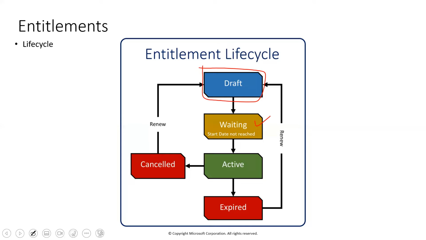Once the start date is achieved, let's suppose I say that on the 21st of November this needs to start working on a customer account. From the 21st of November, the customer can utilize these free cases, and my entitlement is going to be placed in the active condition. But I have defined 3 months of time.